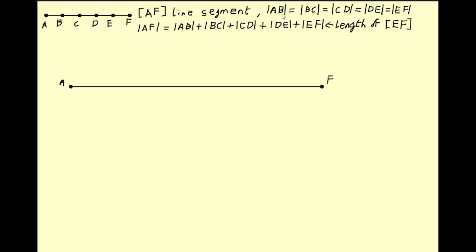So the distance between A and B is the same as the distance between B and C, and so on. They're all equal length line segments between A and F, and they're all breaking up that distance equally. So in total, if we add up the lengths from A to B, B to C, and so on, we would end up getting the distance between A and F, or the length of the line segment A to F.